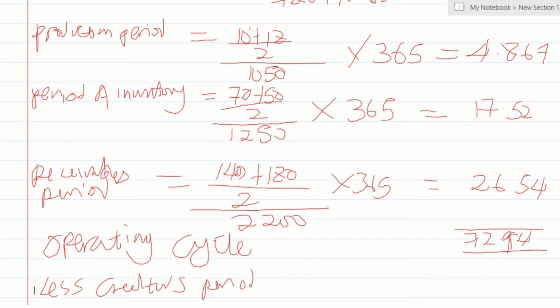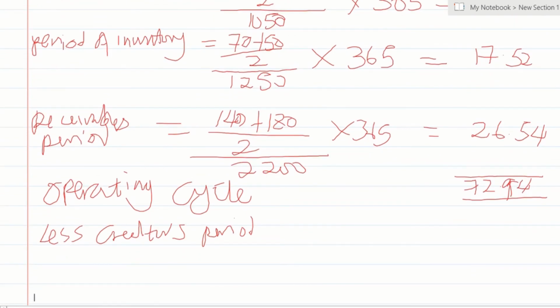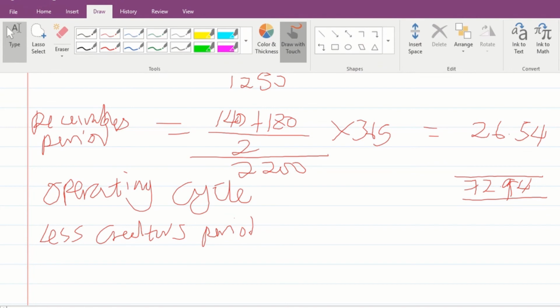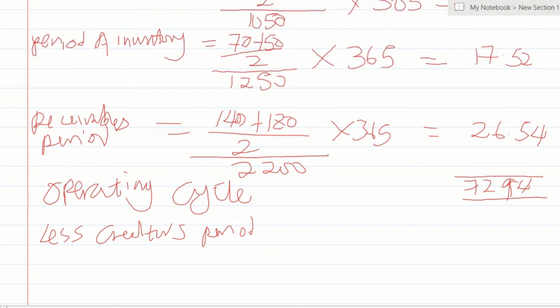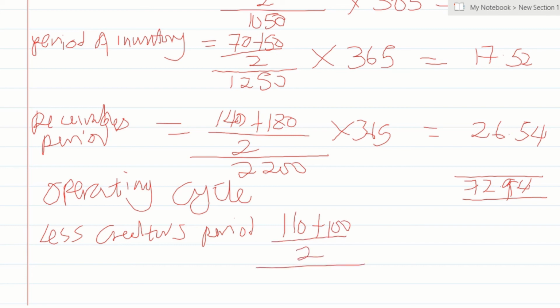And how do we get this payables period? We take 110, the opening value of creditors, plus 100, the closing value, divide this by 2, divide everything by 780, and multiply by 365.